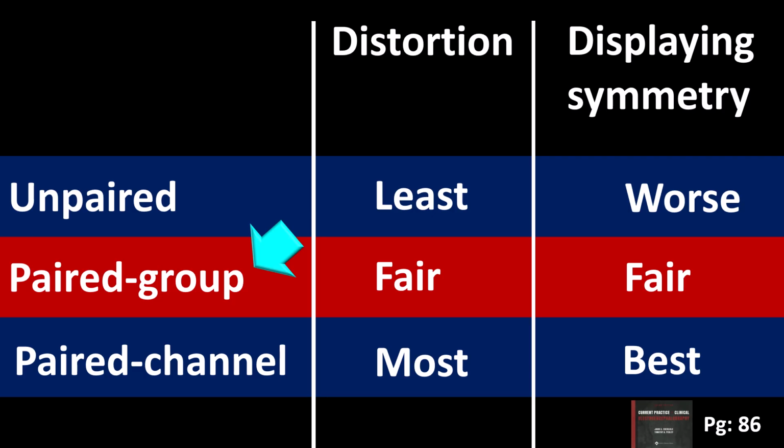Paired group montages are fairly good at detecting asymmetry. Paired channel montages distort the appearance of the background activity the most, but are said to be the best at detecting asymmetry in a significant number of books. I personally do not think so.